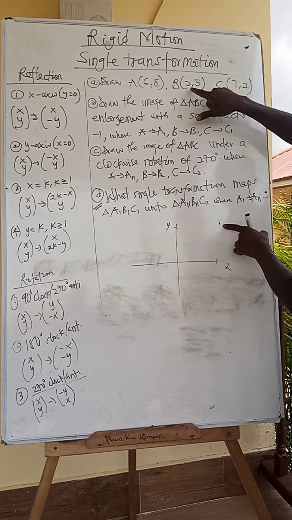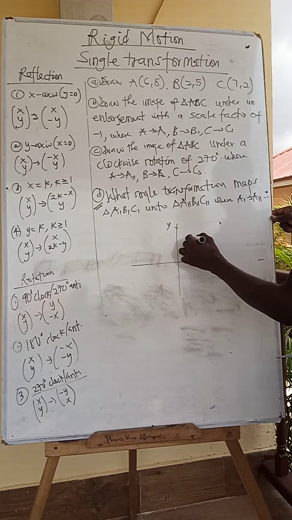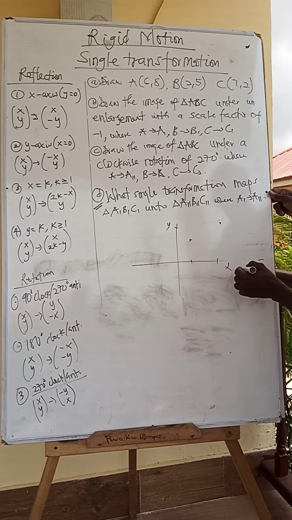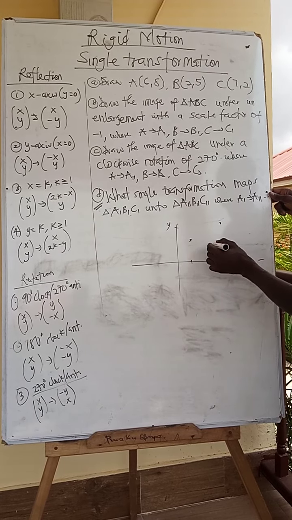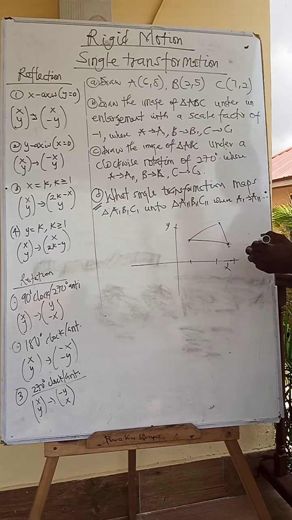The second is B, X is 2, and this is 5. And the last one, X is 7, and 2. So you are going to get a triangle like this. If you use your graph, you'll be able to do it.